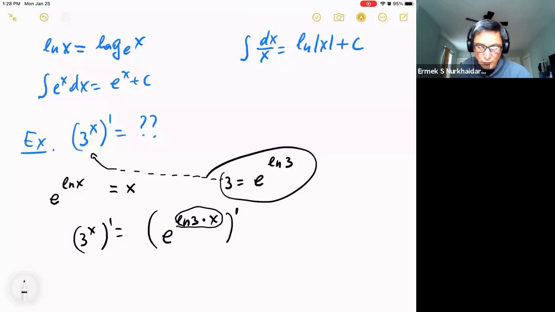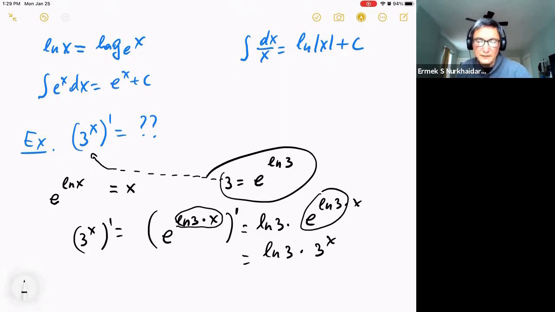Outside function is e to x, so the derivative of the inside function is ln of 3, and the derivative of the outside, e to the, is e to the. And then you recall that e to the ln of 3 is just 3, so we get ln of 3 times 3 to x.